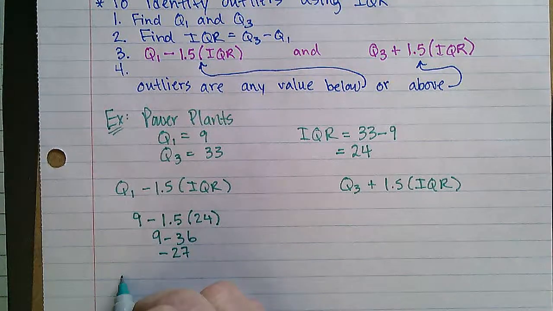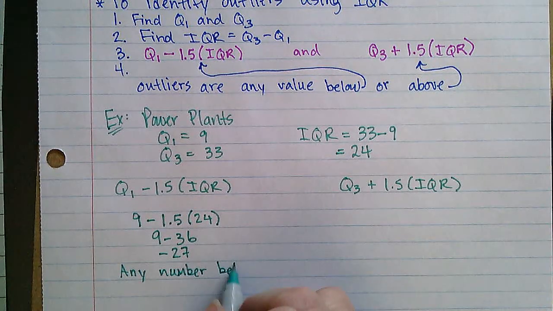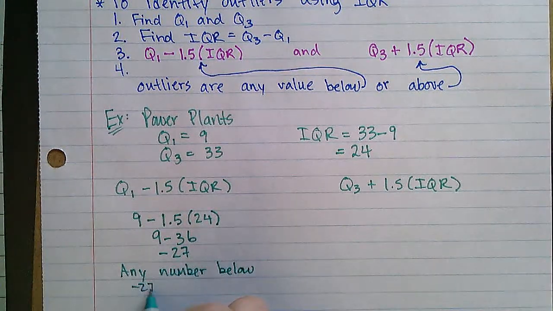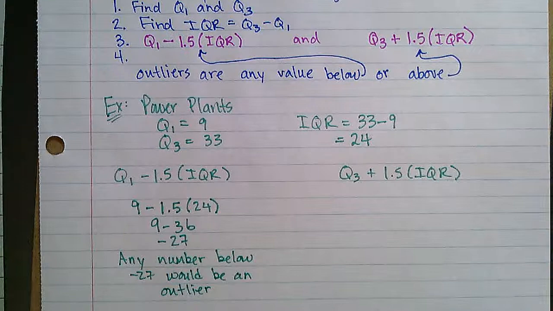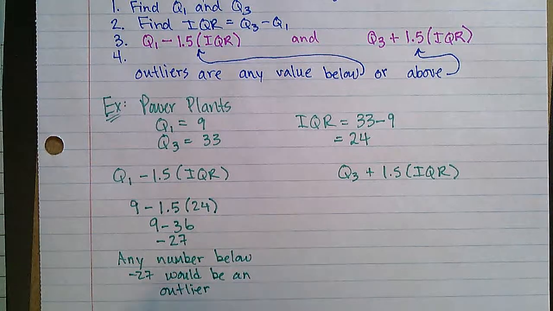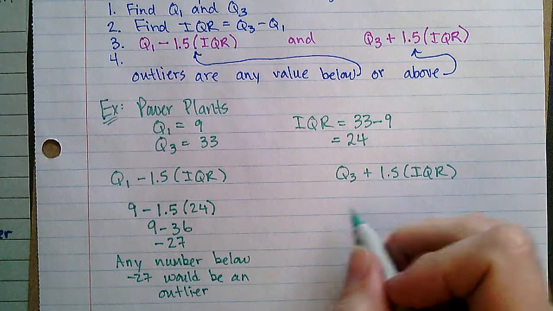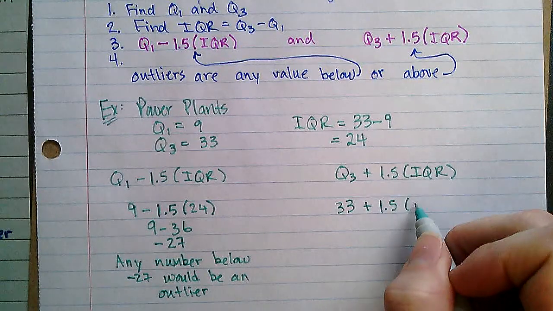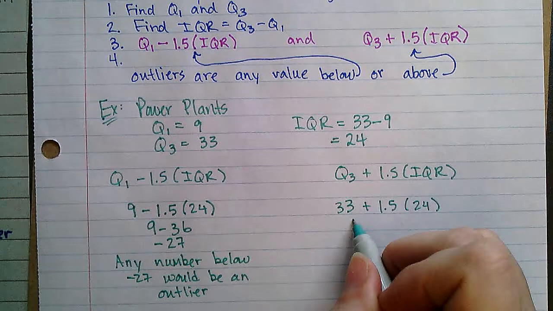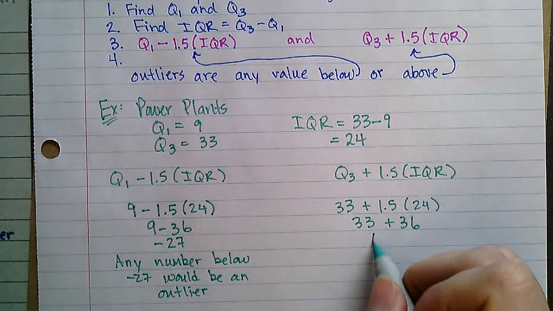So that tells me that any data value below negative 27 would be an outlier. Our lowest data value was 6, so that's not an outlier. Then we'll take Q3, which is 33, plus 1.5 times IQR, which was 24. So that's 33 plus 36, which is 69.